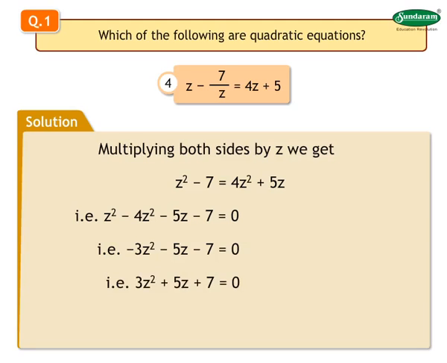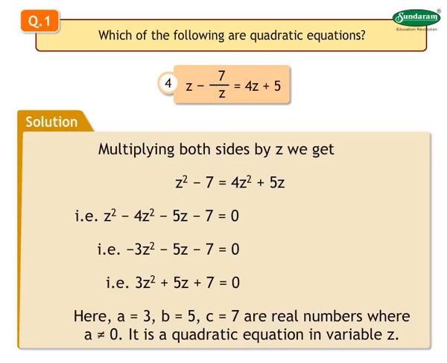That is, 3z square plus 5z plus 7 is equal to 0. Here, a is equal to 3, b is equal to 5, c is equal to 7 are real numbers where a is not equal to 0. It is a quadratic equation in variable z.